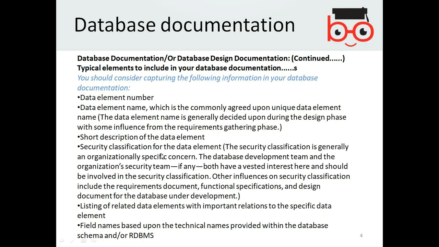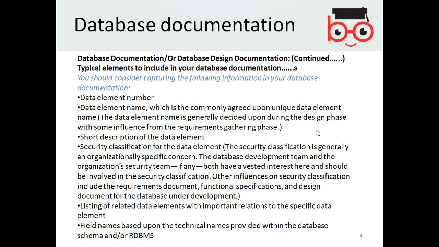Security classification for a particular element. For example, if it is a financial database, then the usernames or user addresses, or user critical data, how would you be securing that particular element?